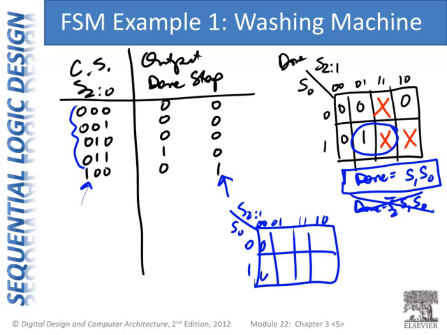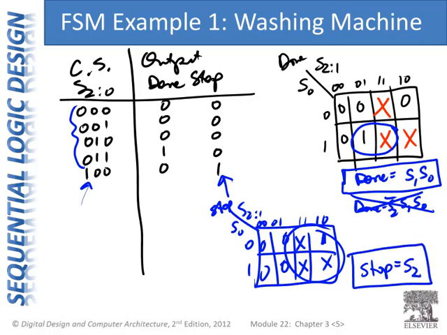And we're going to get 0, 0, 0, 0, 1, and then we put don't cares in the rest of the boxes because those states don't ever happen. And so we end up getting, this is again for the stop output, stop equals S2, just as we surmised just by looking at the truth table.